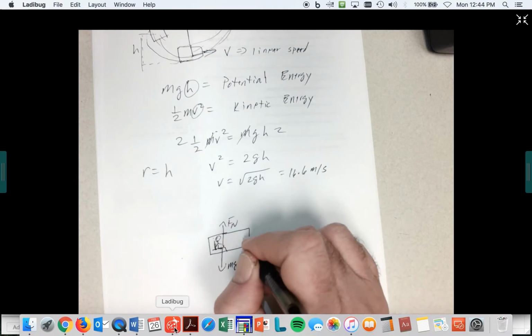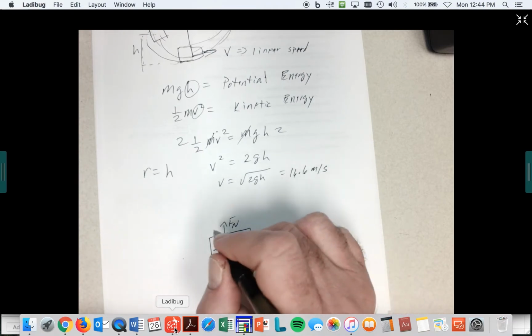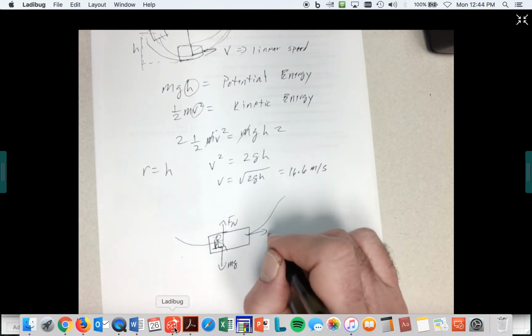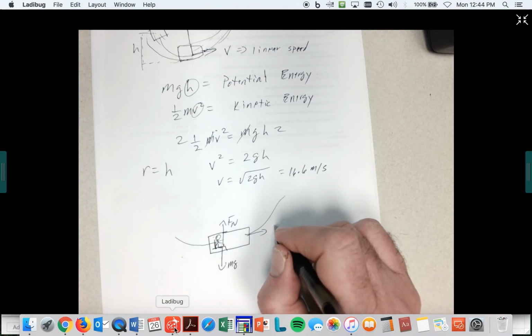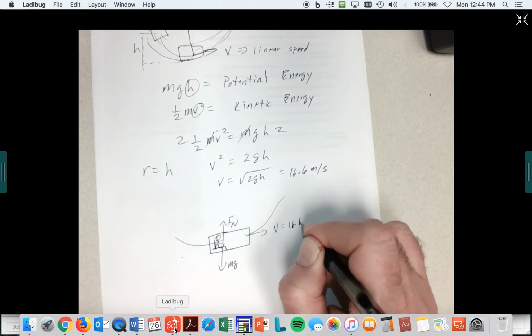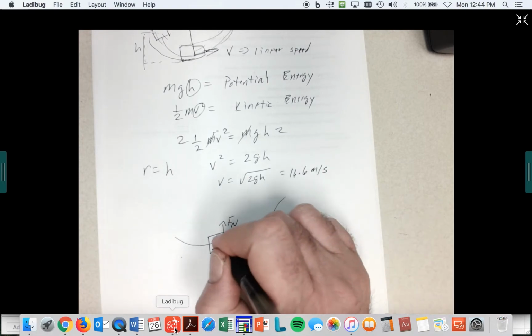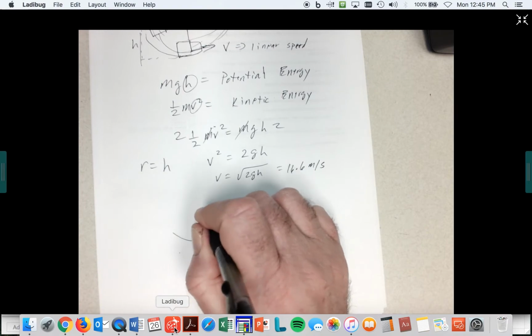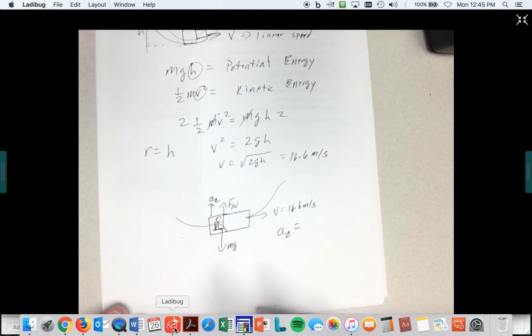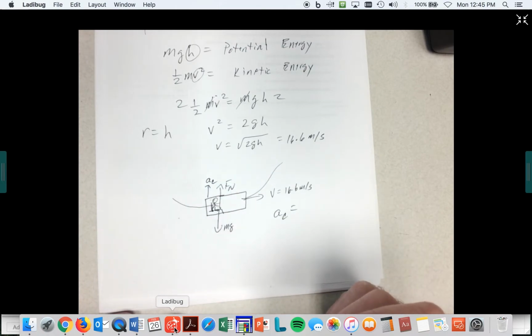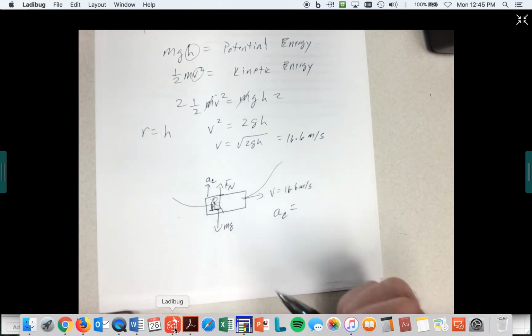Well, as they're going in a circular motion, since this is a tangential or linear velocity of 16.6 meters per second, they also have a centripetal acceleration. Their net acceleration is going this way, up. That's the key to this whole thing. They've got a net acceleration that is going up. They only have these two forces. So we've got to calculate that normal force.